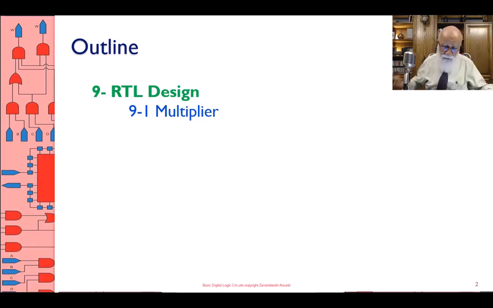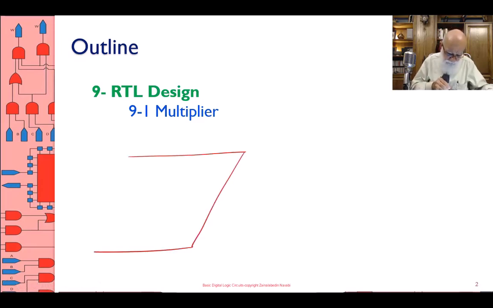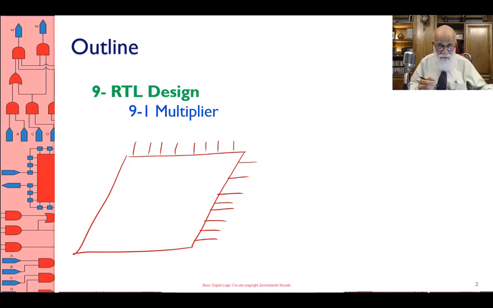I can do an array of multipliers and adders, where my A input is, let's say, bits 1 through 8, and then we have 1 through 8 on the other side. So this is an array of 8 by 8. This is called an array multiplier that has adders in each of these rows.